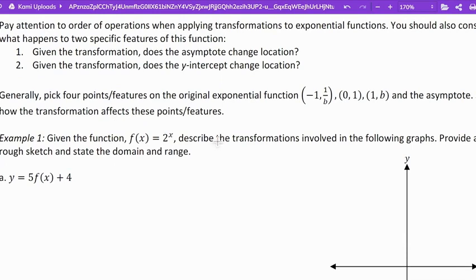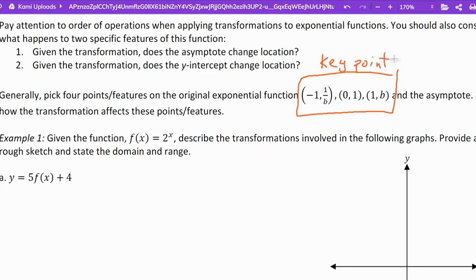All right, so generally what we're going to do is we're going to pick 4 points or features on the original parent function. Now, this is where it gets tricky. If we have a function that is doubling or tripling or being multiplied by 10, the key points are going to change. So the way that we choose our key points is like this.